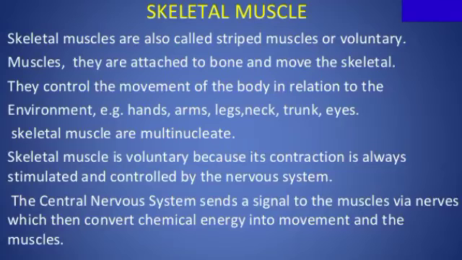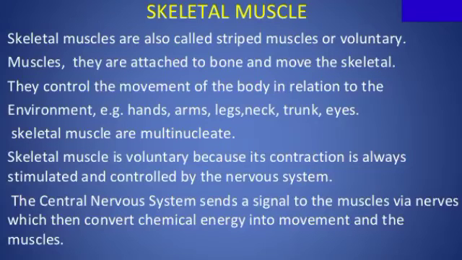These muscles have the greatest diversity in shape, size, power, and speed of contraction, and they are attached to the bones or other tissues. They control the movement of the body in relation to the environment. Examples: hands, arms, legs, neck, trunk, eyes. Skeletal muscles are multinucleate.